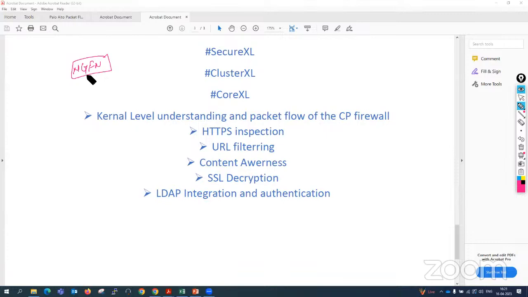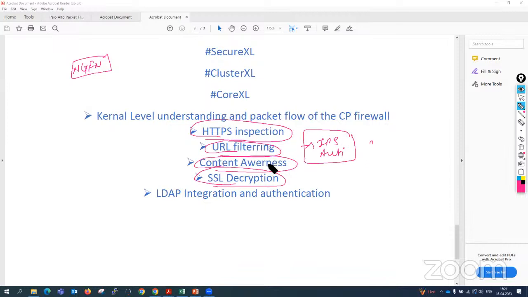Next generation firewalls are firewalls that have next generation features, for example HTTPS inspection, URL filtering, content awareness, SSL decryption, IPS profile, antivirus. These are your content inspection features. Basically, these are layer 7 features.